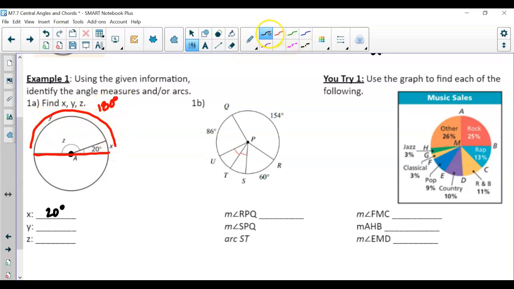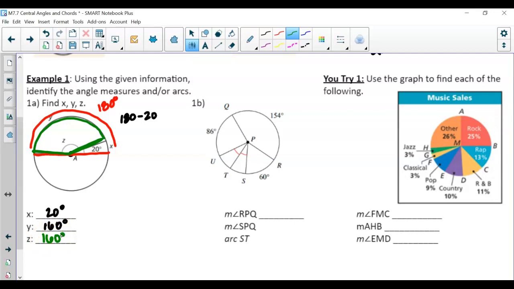So if X is 20, then Y is 180 minus that 20. So Y is 160 degrees. So if Y is 160 degrees, then Z, if you notice, is the central angle that also creates that arc, which is 160 degrees. So keeping in mind that relationship.